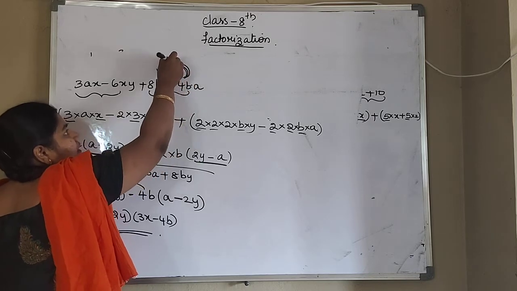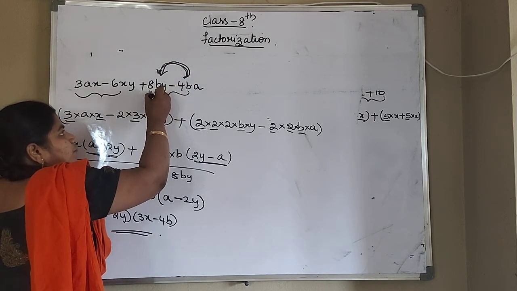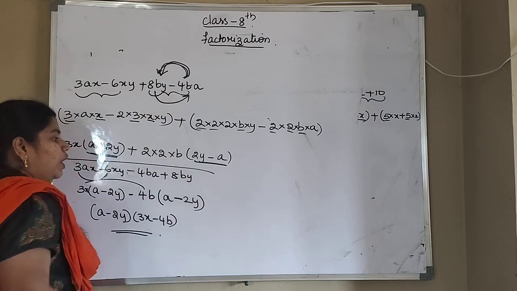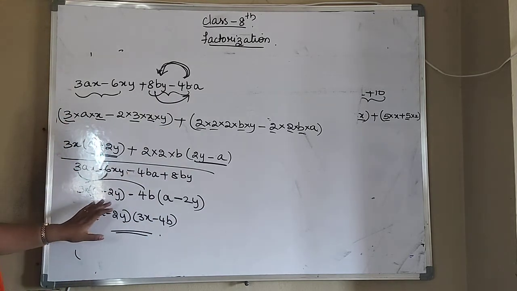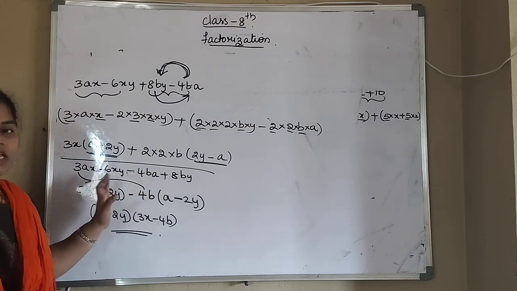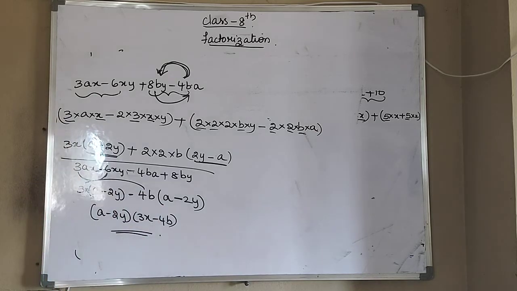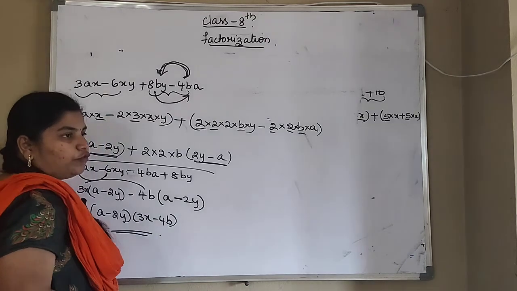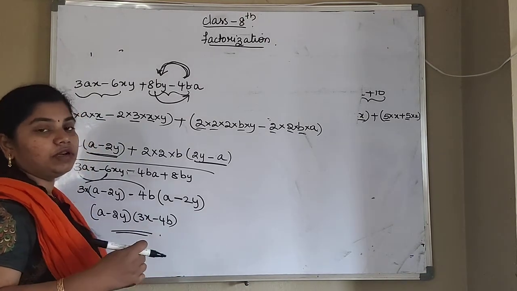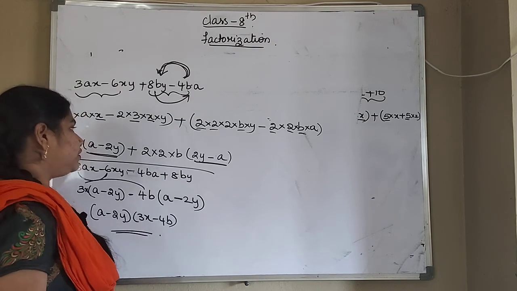I brought this minus 4bx this side and I took this 8by to the other side. So after that you got the two common factors as equal. So what we did is correct. So this is how you will factorize the four different terms.